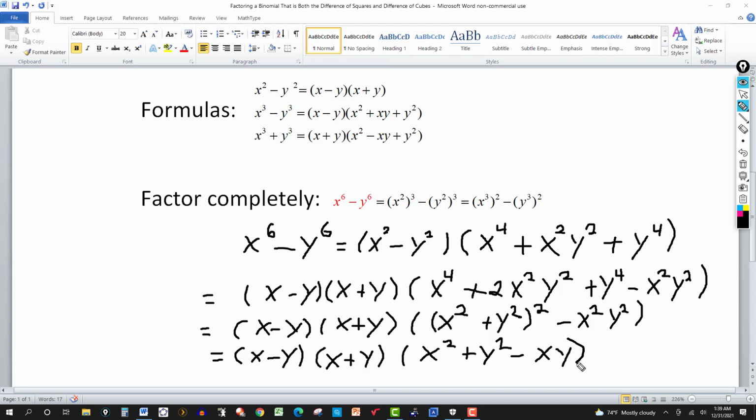Okay, so that becomes one factor. And then the other factor is just going to be the same terms, except it'll be a sum of the terms. So this will be x squared plus y squared. Again, you have a difference of squares.